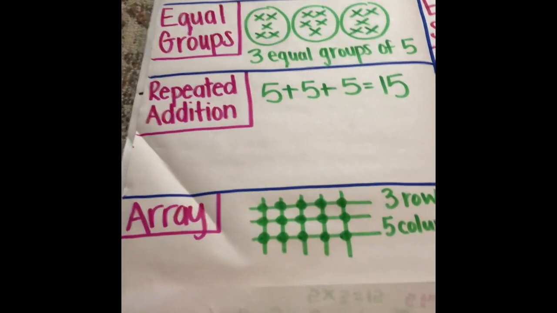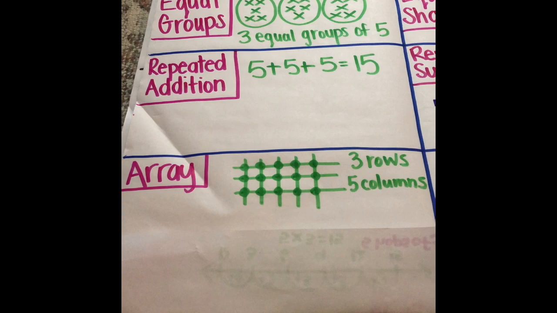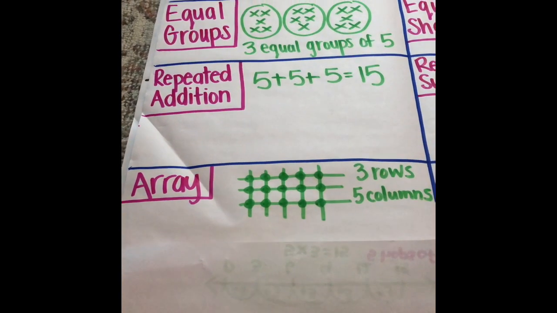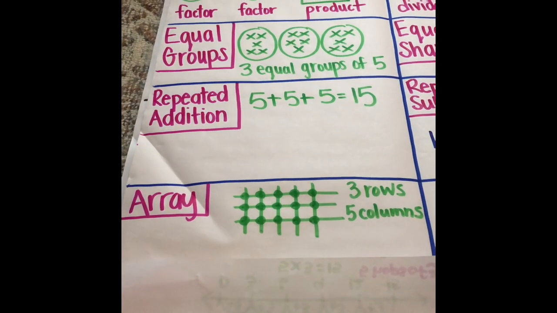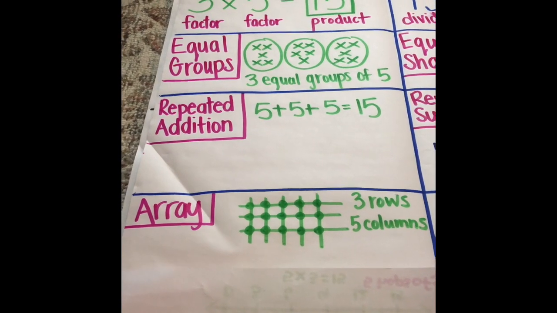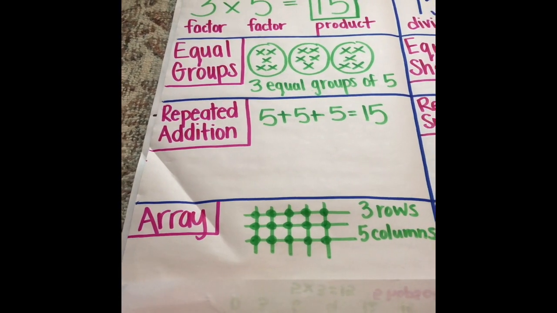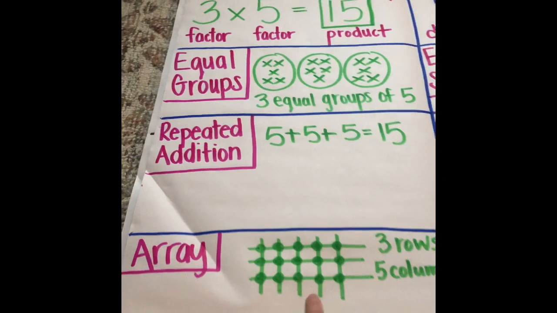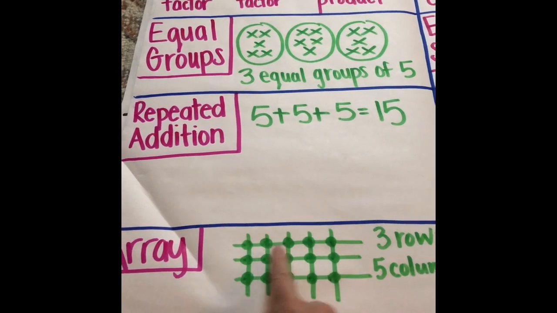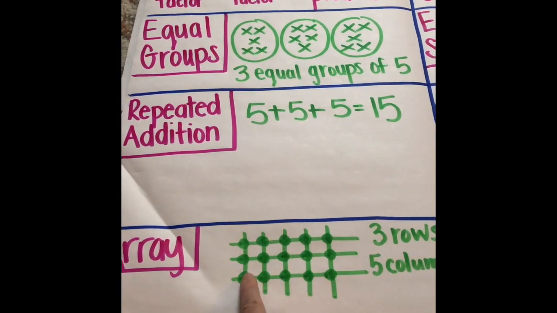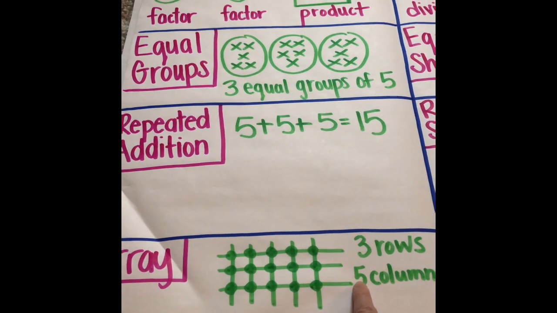So the first strategy we're going to talk about is an array. We learned in multiplication the way that we can use an array to solve a multiplication equation is we take our first number, the 3, and we know that we need to draw 3 rows with those horizontal lines.